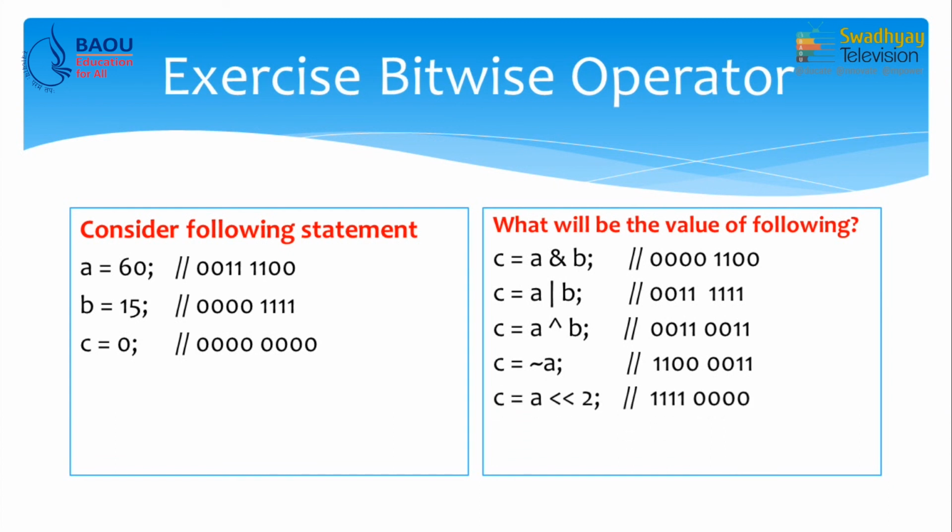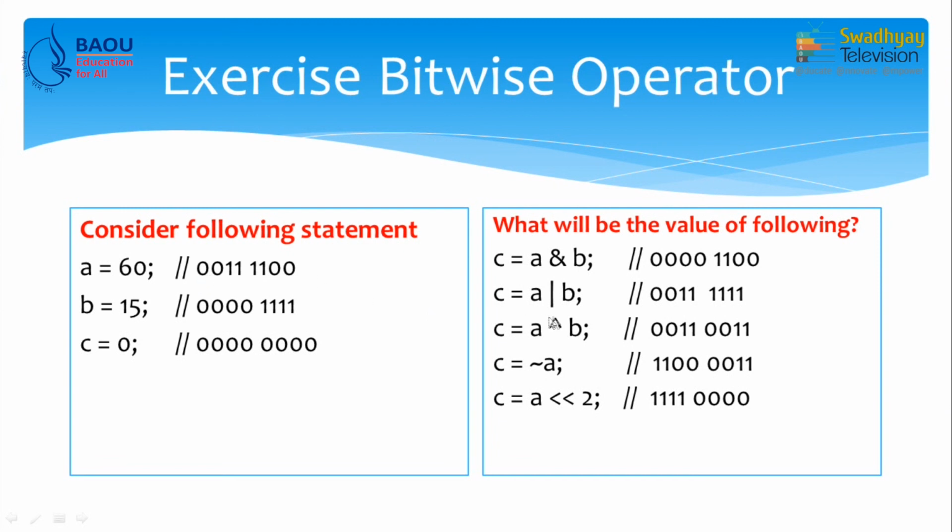Now, suppose we want to shift the bits of A by 2. This operator will shift the bits 2 positions to the left in A. We can see the first 0 0 are discarded and these 1s will be shifted 2 positions to the left side.